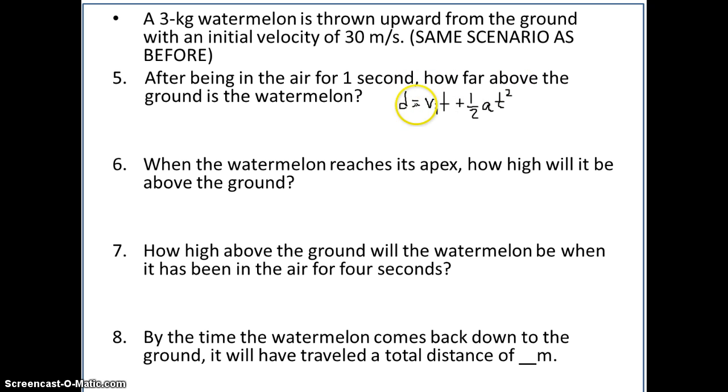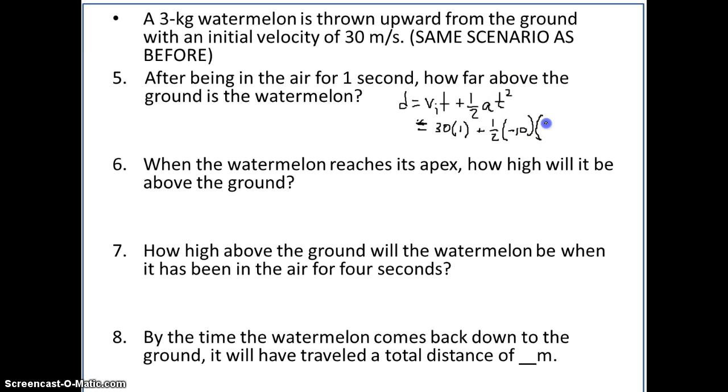How far above the ground? That sounds like a distance to me. The time is 1 second. The initial velocity is still 30. Let's find the distance. The distance is equal to VI 30, time is 1, plus 1/2 negative 10. Don't forget the negative sign.